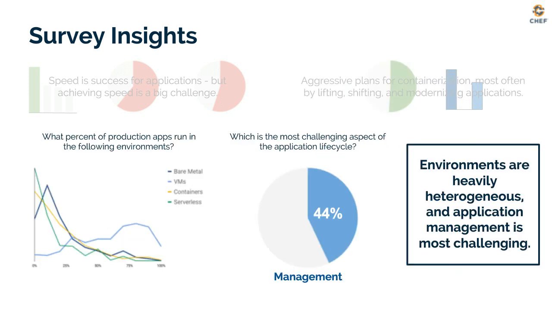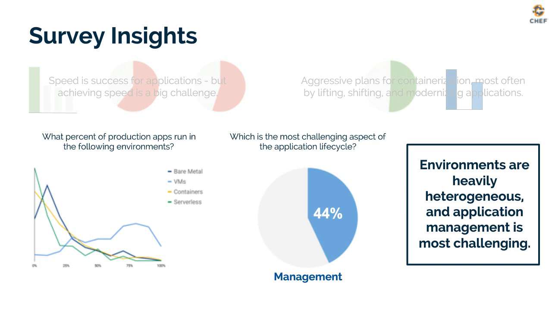Now, we live in a hybrid world. We'll live in a hybrid world for some time. Heterogeneity is the norm. It's increasingly the norm. And in the lower left, you have to squint a little bit to see the lines on this chart. But we asked what % of production apps run in each of these 4 environments: bare metal, VMs, containers, and serverless.